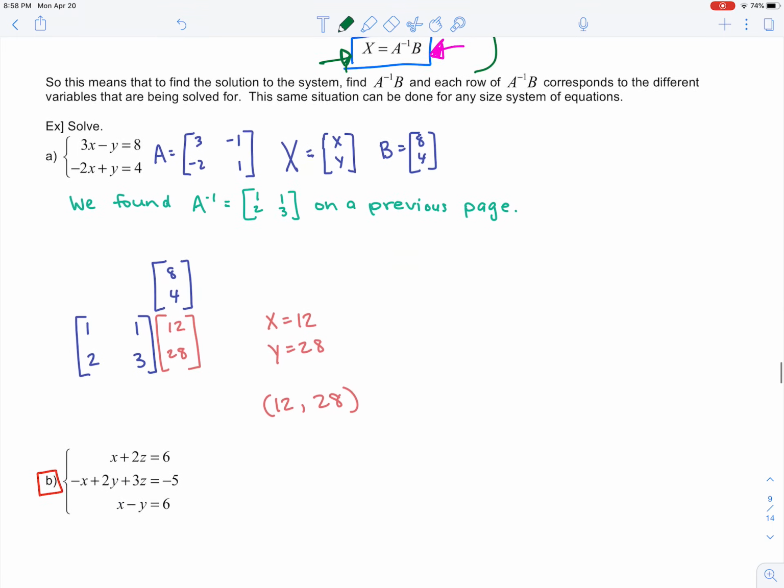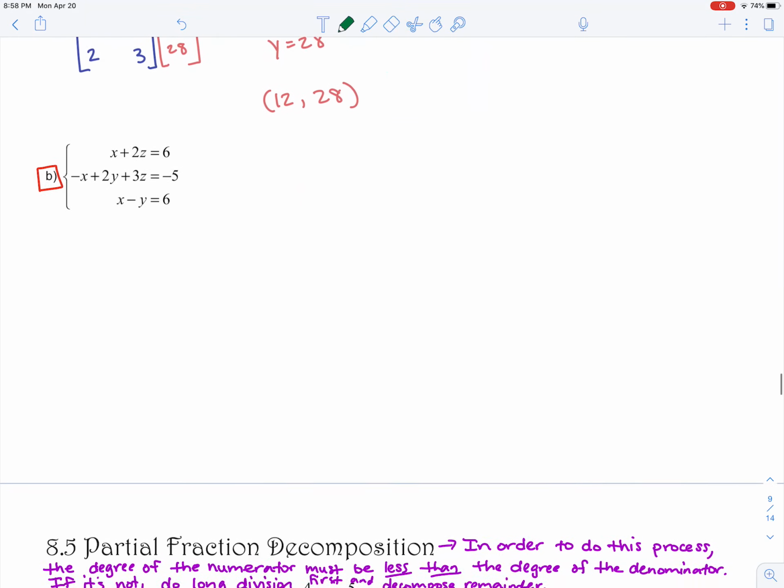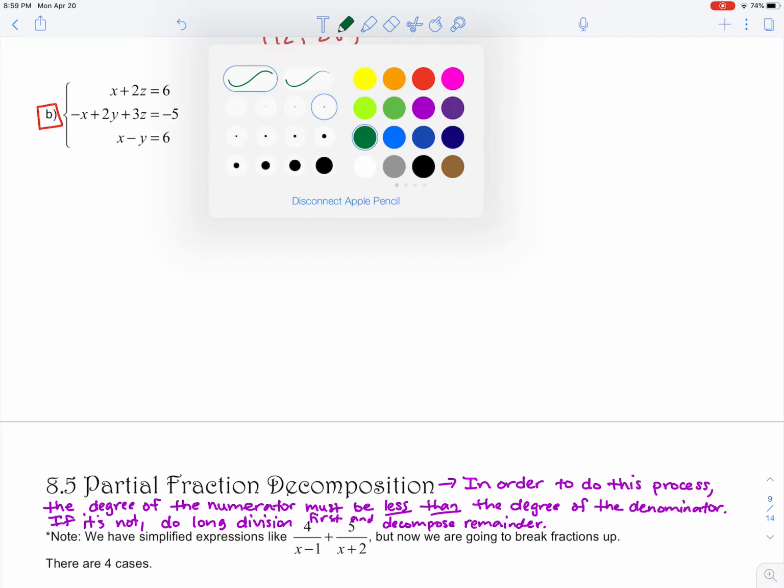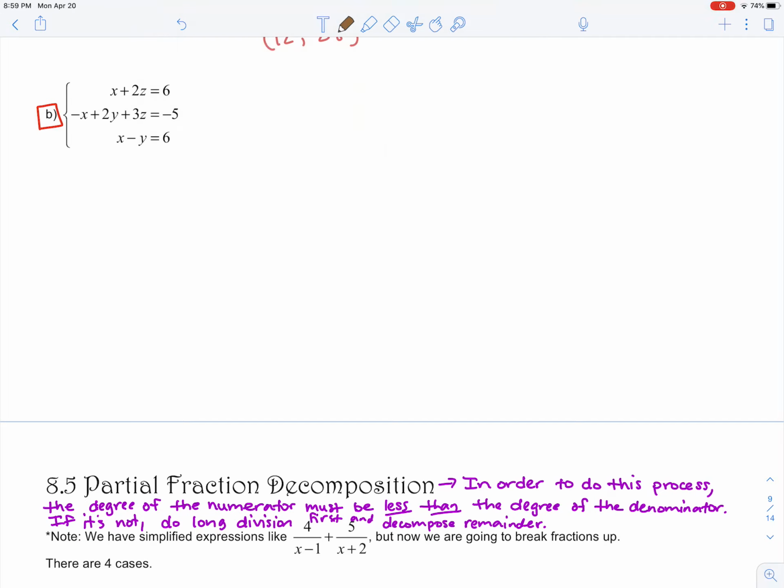So I'm going to show you how we can use that inverse that we found above to solve this 3 by 3 system here. So let's start by writing out what matrix A, X, and B would be for this system. So matrix A is just the coefficients. So this matrix will look familiar because we just worked with it above. So those are the X coefficients. Here's the Y coefficients.